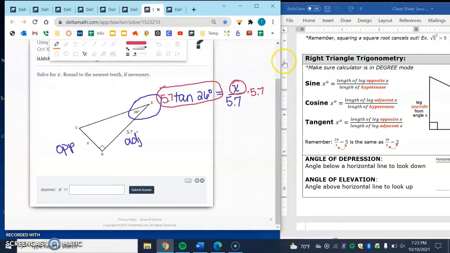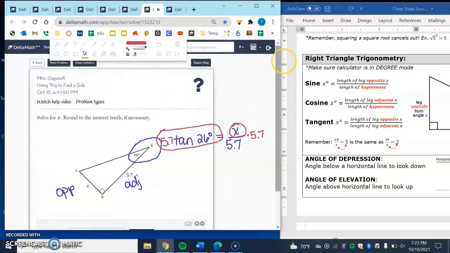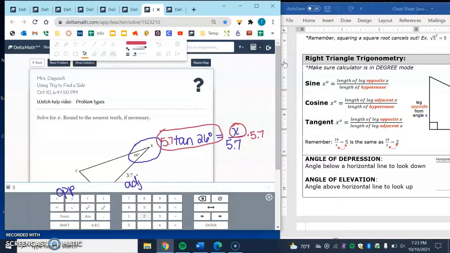Okay, so go ahead and try that. See what you get if you type in 5.7 times tangent of 26 degrees. 5.7, I'm going to go to functions and click on tangent. And make sure you don't click the one that has a negative 1 there.